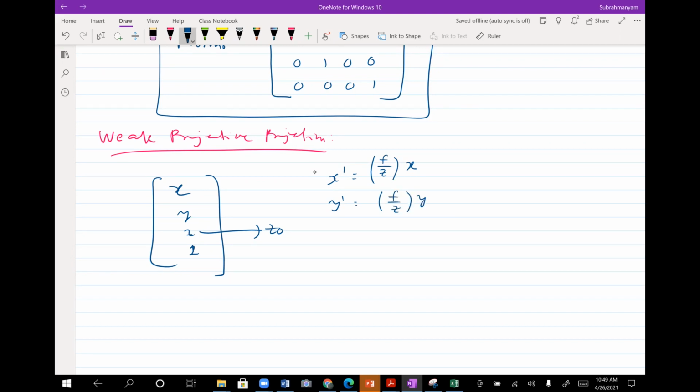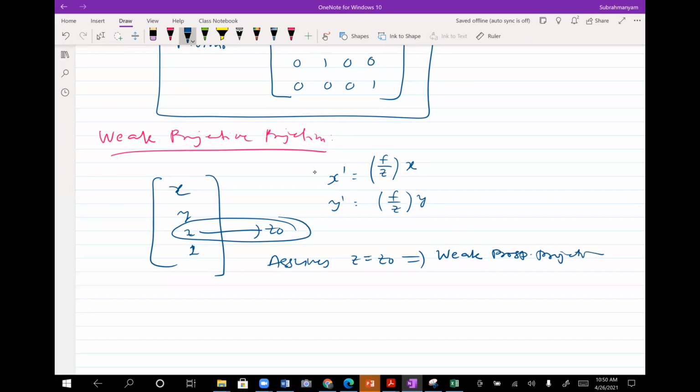Now what you are saying is, within the 3D object that you are considering, you are assuming that z equal to z naught. Once you are considering that the variations of the height within the object are constant, or there is no variation, then you call it weak perspective projection.